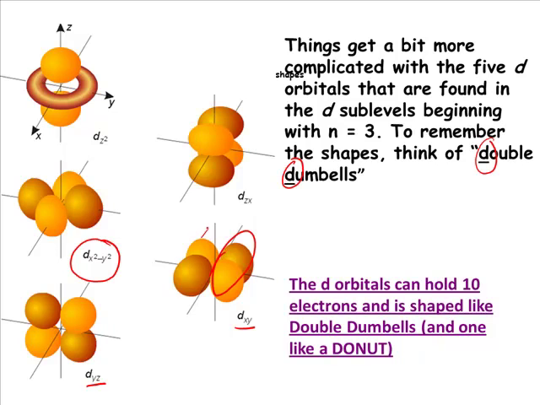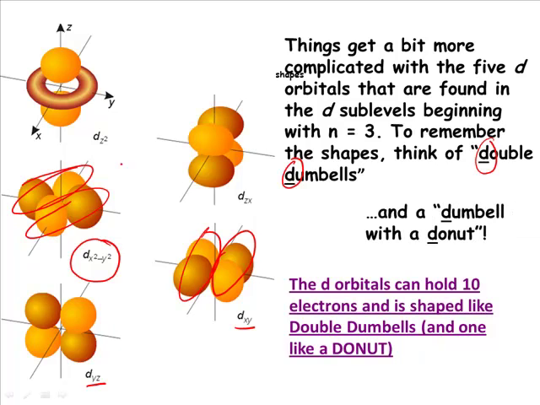There's a dumbbell here and a dumbbell there, or the same thing going this way and that way. Since there are 5 different orientations of the d orbitals, they can hold 5 times 2, or 10 electrons. And the last one is a dumbbell with a donut, the one up here on the left.